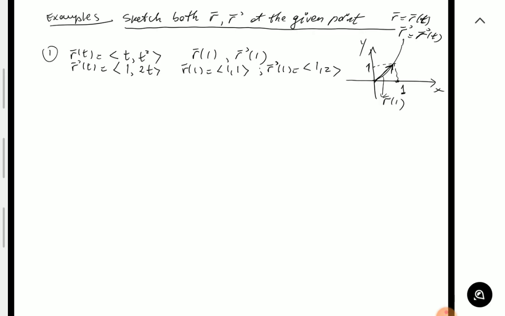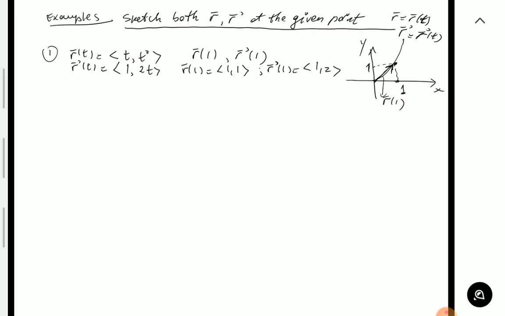Even though in computation we use vectors in component form, which always represents a vector starting at the origin, nothing stops you from actually showing a representative of this vector in a different position where it makes more sense. So where does it make sense to place r prime of 1? Well, obviously at the point in question where I computed the derivative, because that's where the tangent vector is located.